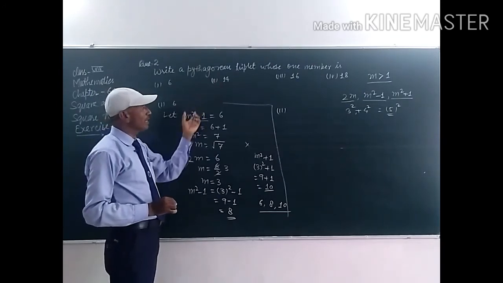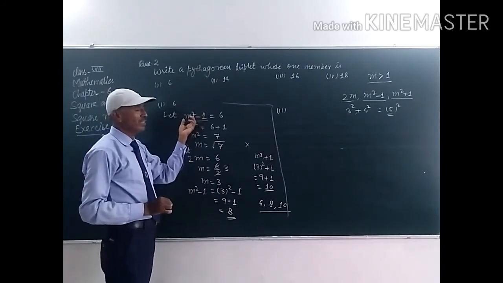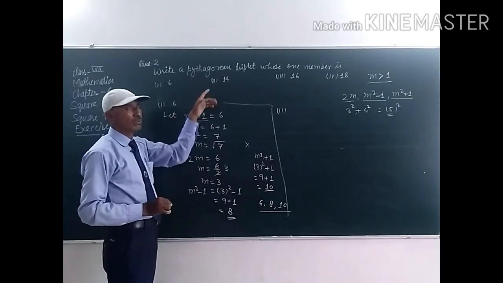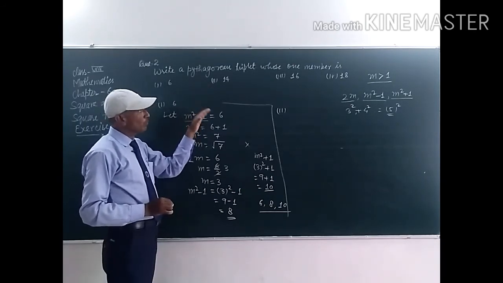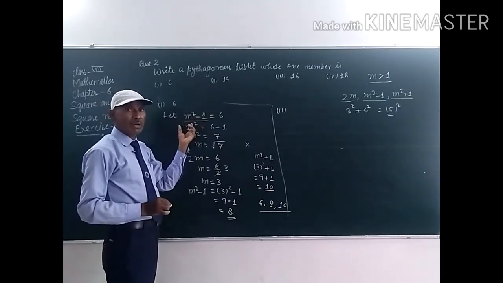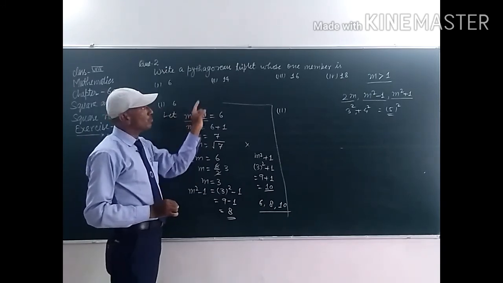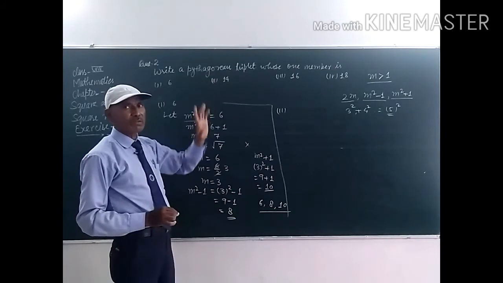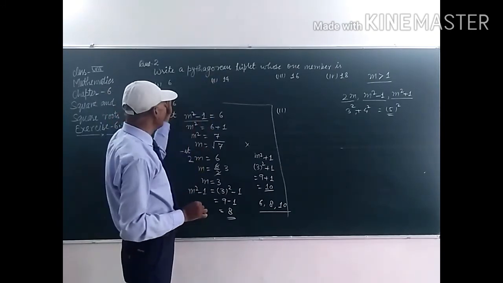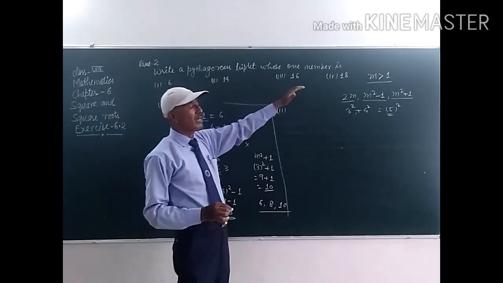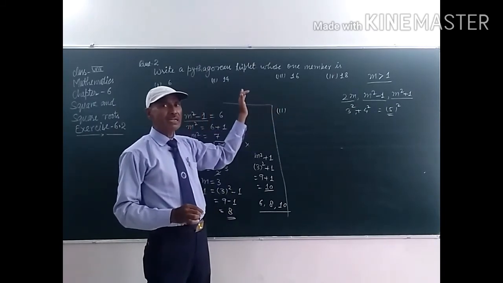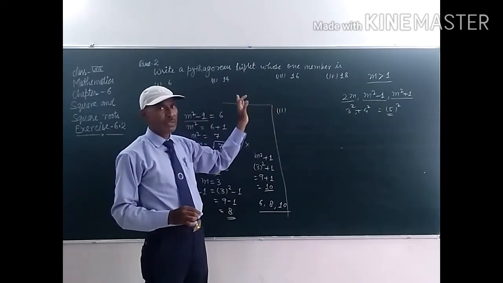If we take m square minus 1 is equal to 14, then m square will be 14 plus 1, that is 15. So under root 15 will be the value of m, which is not a natural number. Clear? So we have to take 2m is equal to 14. When the numbers are even, student, then we have to take it as 2m.